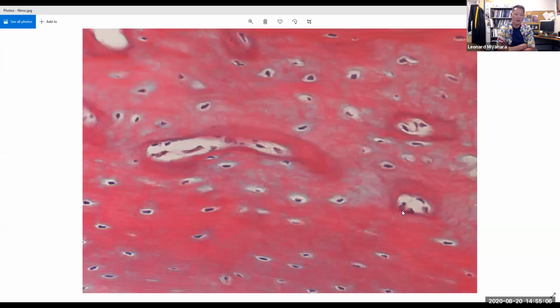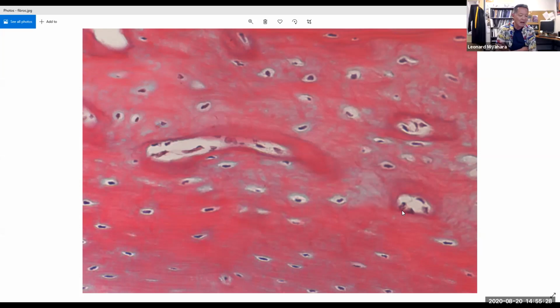No. Do you see cells separated by stuff? Yeah, I see cells separated by stuff. Do you see halos around those cells? Yes. Is it in a cut tree trunk? No. This is cartilage.